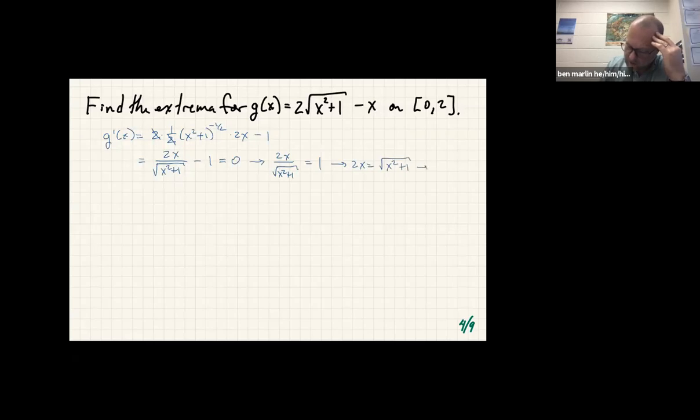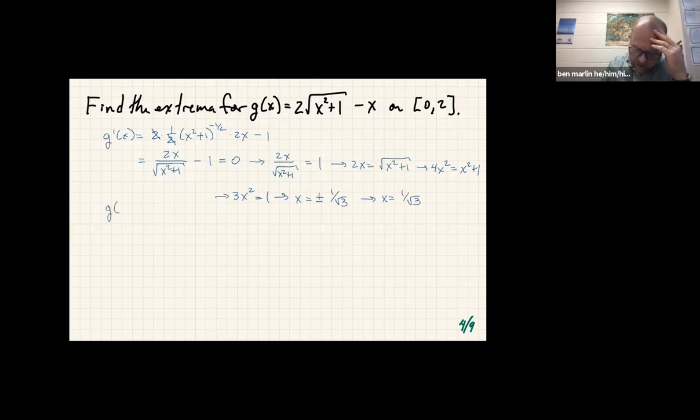And then if you square both sides, you have 4x squared equals x squared plus 1, which says that 3x squared is equal to 1, which says that your x is plus or minus 1 over the square root of 3. Now, the thing with that is that we have interval from 0 to 2. So we only have to worry about x equals 1 over the square root of 3. Okay, that's all we've got for critical points.